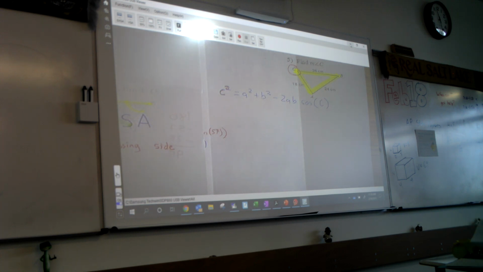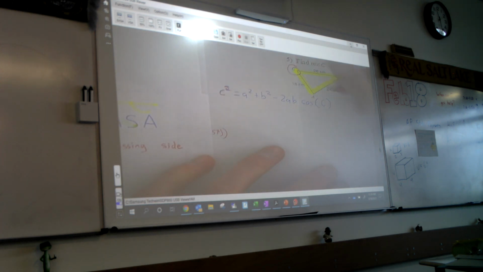Alright, now Braylon, can you tell us which side length is A, which side length is B, which side length is C? 24 is C. Yep, keep going. So go for what's across from it.